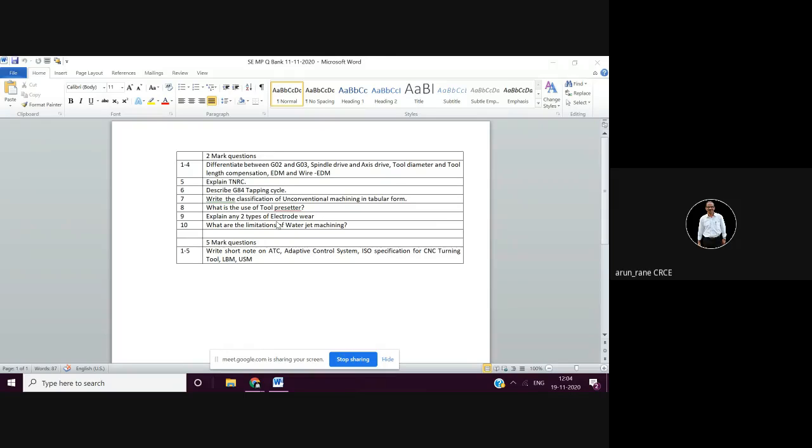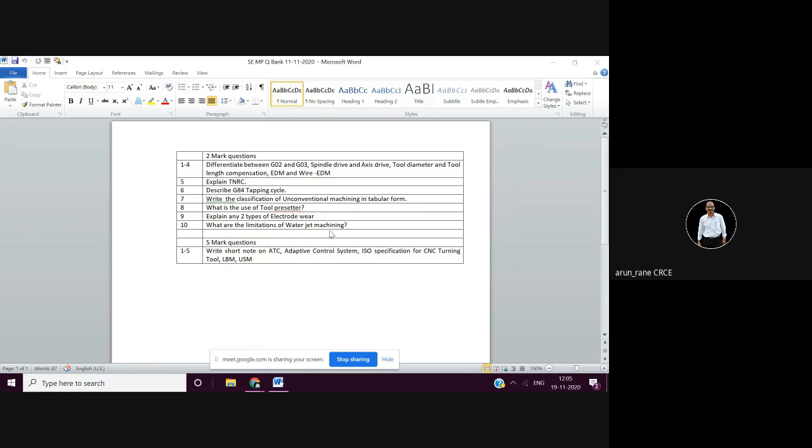For example, if the pitch is 2 mm and the RPM is 1000, then feed should be 1000 into 2, that is 2000 millimeters per minute. So this you have to write very explicitly. I am just giving you the key points which should reflect in your answer.